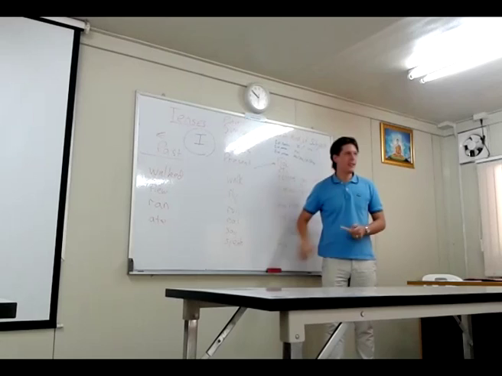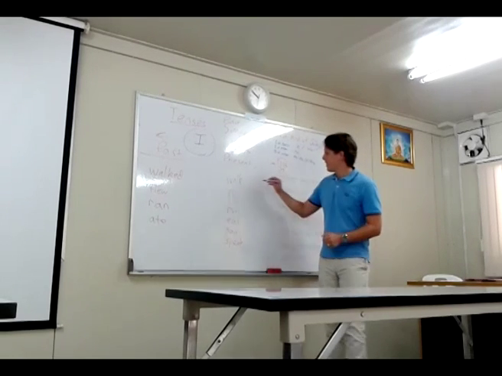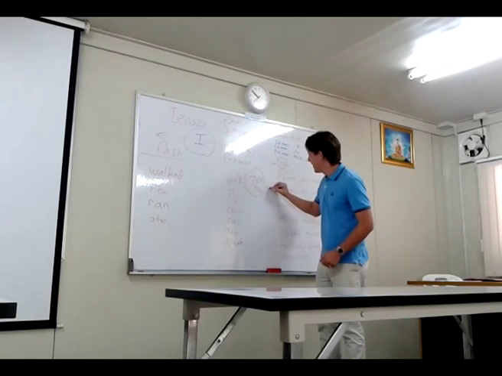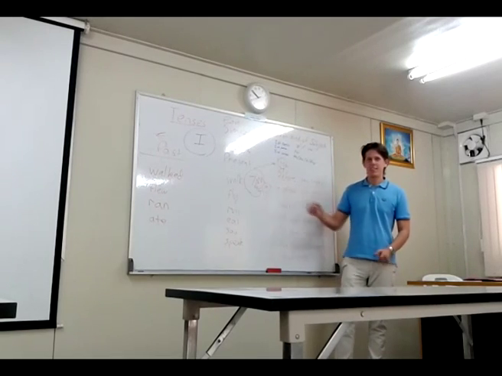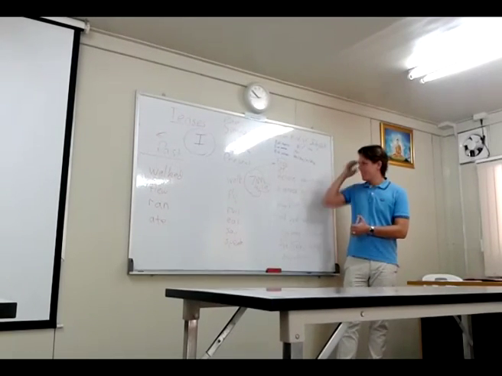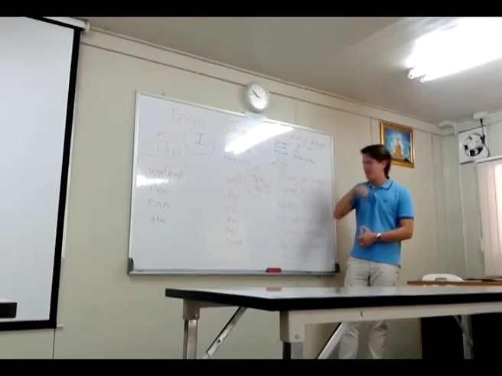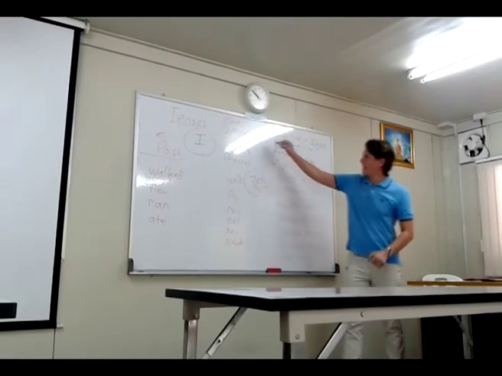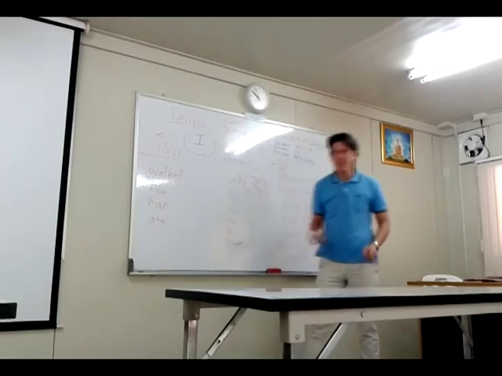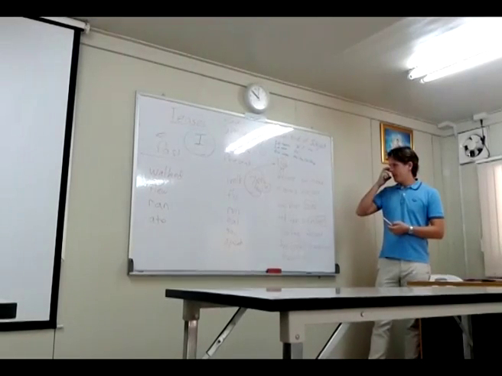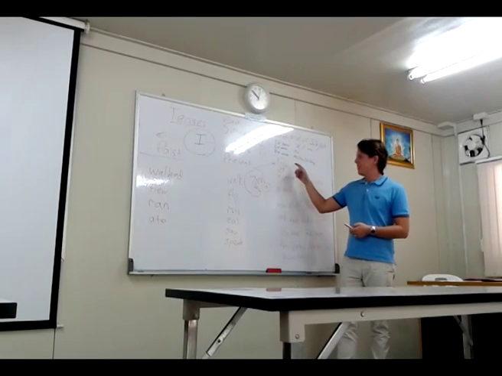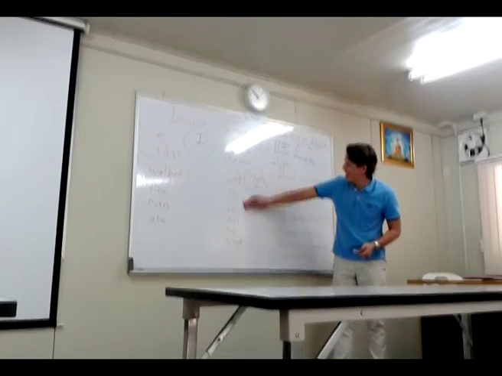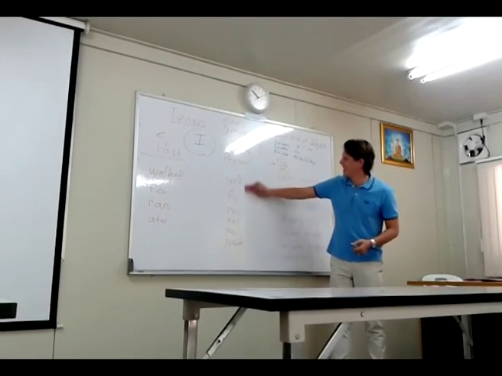Because 7, 8, 9. 7 ate 9. So the 10 ran away. It's an English joke. Because 8 sounds like ate, in the past tense.